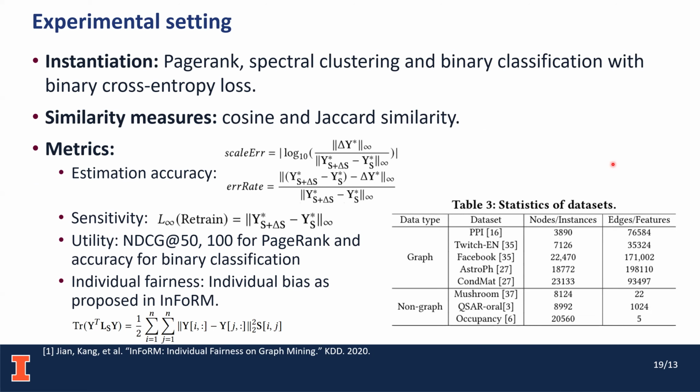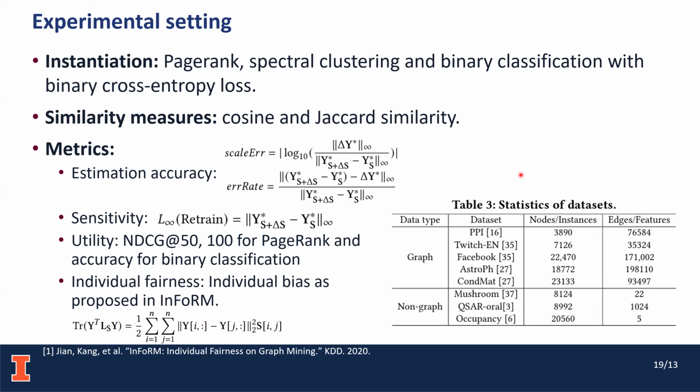For the input similarity measures whose sensitivity we are testing, we apply two measures: the cosine similarity and the Jaccard similarity. Cosine similarity is number based, while Jaccard is more graph structure based and counts how many similar neighbors you have.